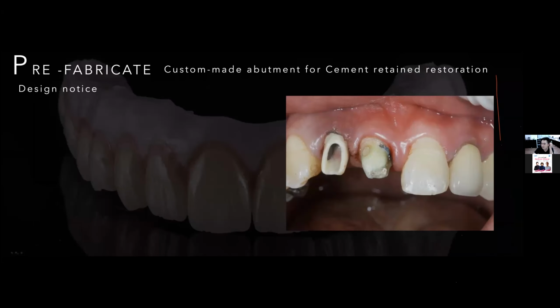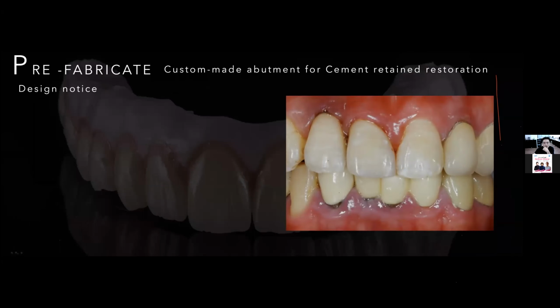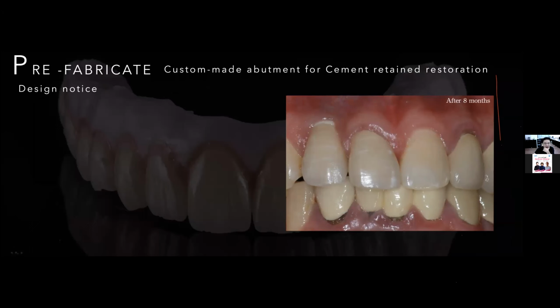And I said the zirconia abutment is the first choice for the dentist, for the patient, and also for the technician. It is easy to make because we can use the mini machine and the scanner, so it also saves a lot of time for us. And sometimes when the restoration was finished in the patient's mouth, this may be a 15 years ago case, after 8 months the dentist and the patient told me the tissue is a very thin type and a little recession, and we can see a little exposure of the zirconia abutment.